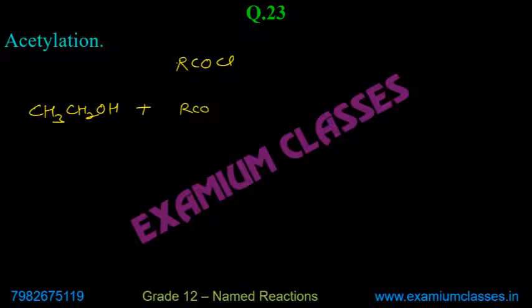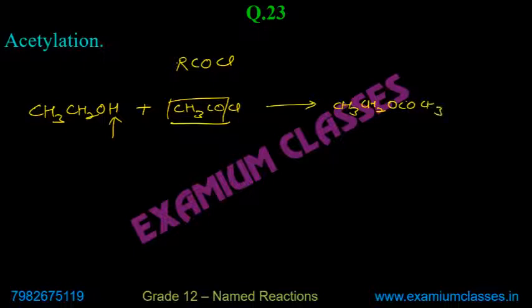RCOCl, here you take CH3COCl, and it will replace this hydrogen. This hydrogen will be replaced by the acyl group, COCH3.